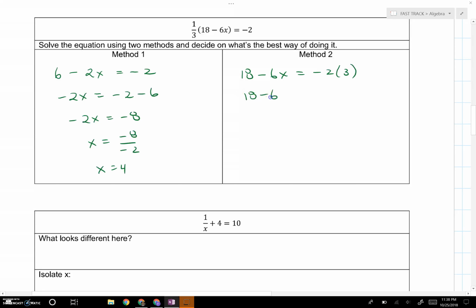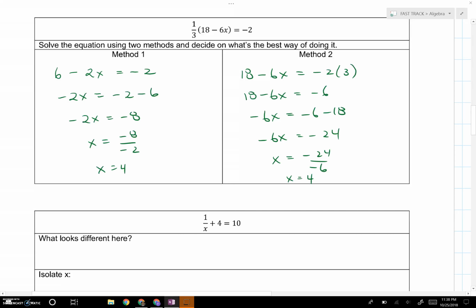I could say 18 minus 6x is minus 6. Minus 6x is minus 6 minus 18. Minus 6x is minus 24. X is negative 24 divided by negative 6, which of course gives me 4.